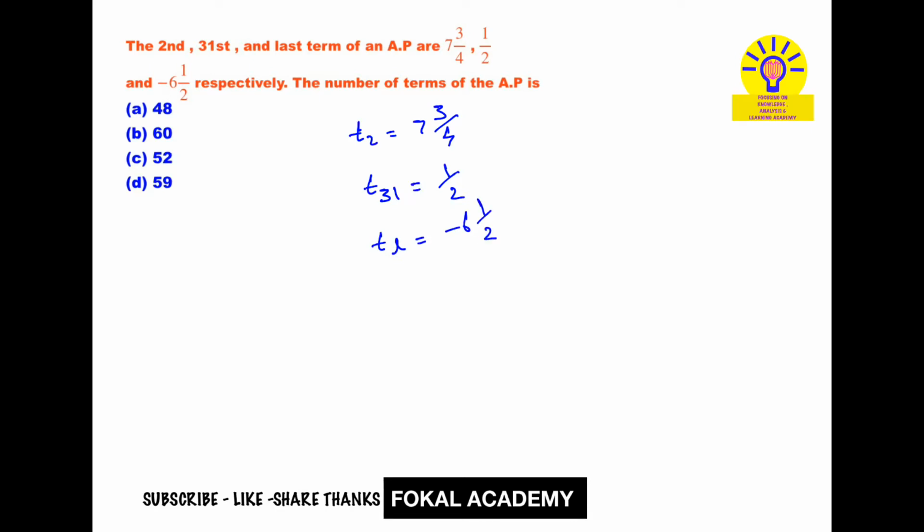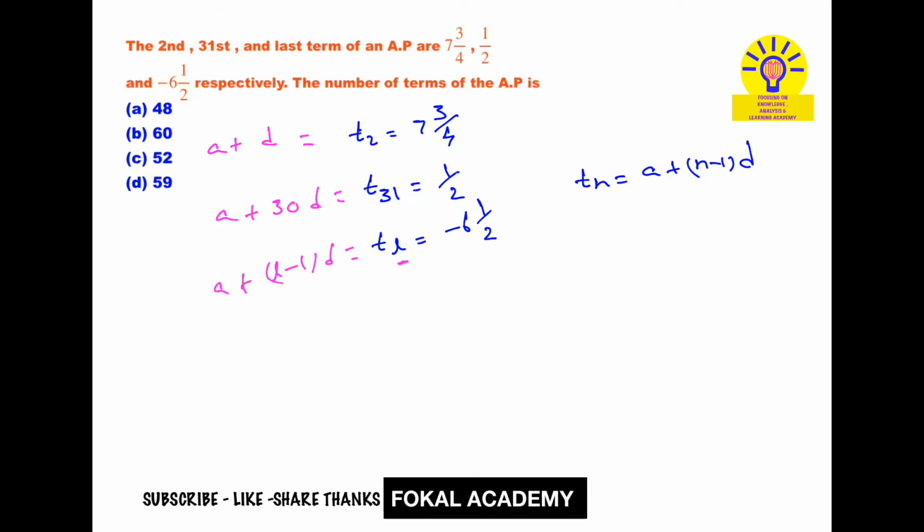We know the standard formula for finding a term: Tn is equal to A plus n minus 1 into D. T2 can be written as A plus D, T31 can be written as A plus 30D, and TL can be written as A plus L minus 1 into D. Now we want the L value.